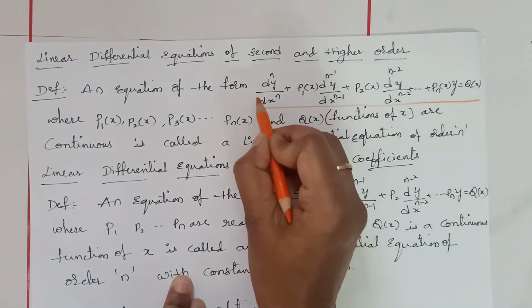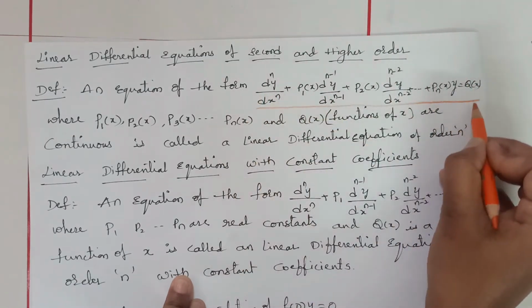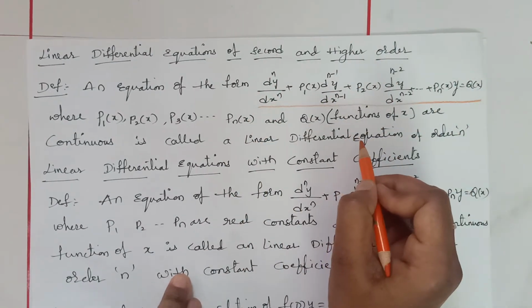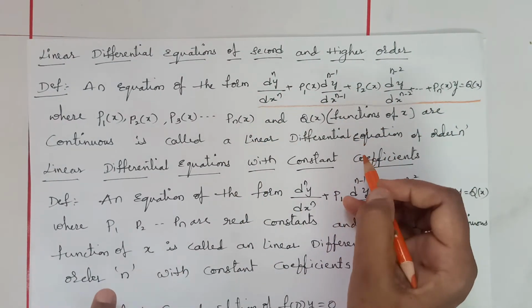If you have an equation of this type, then the equation is said to be a linear differential equation of order n.